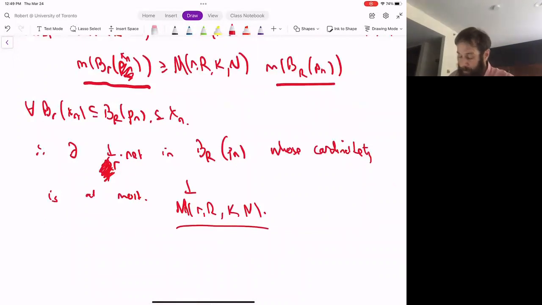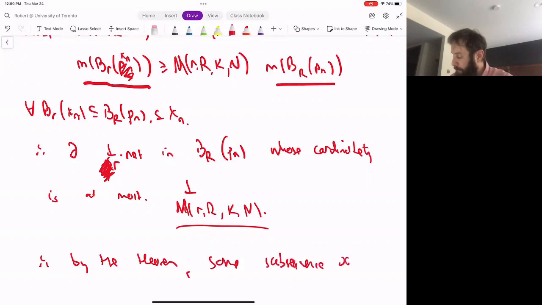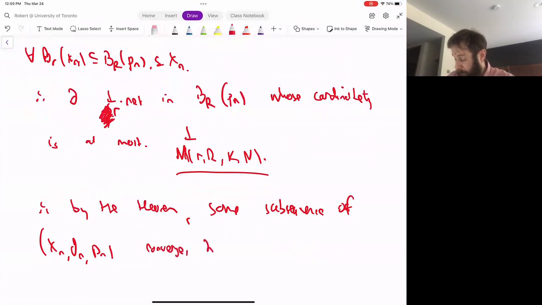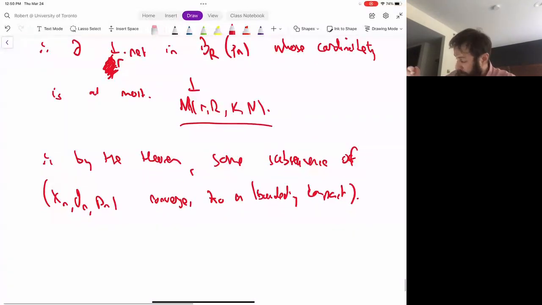So by the theorem, some subsequence of xn, dn, pn converges to a boundedly compact pointed GH limit.